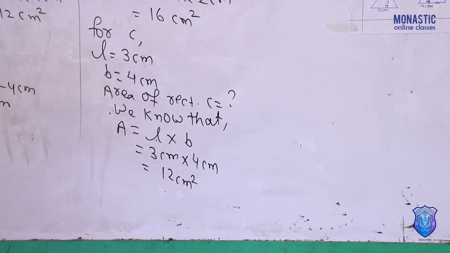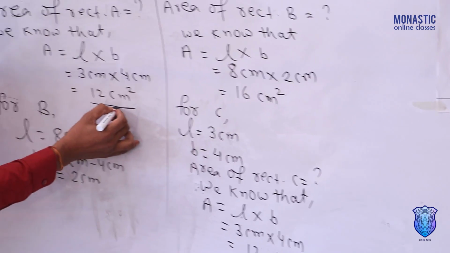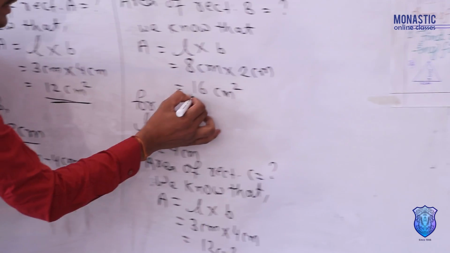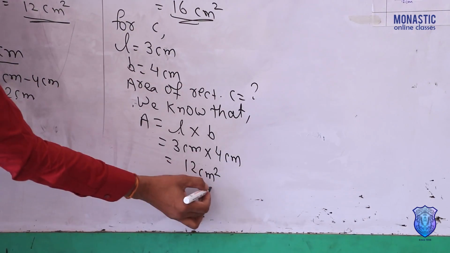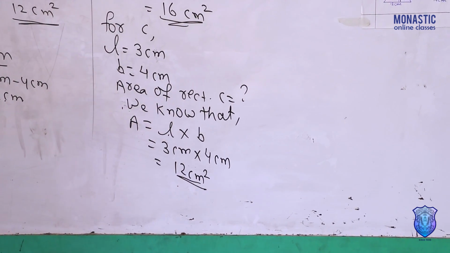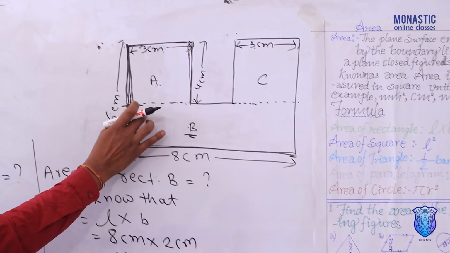So now we have got the area of rectangle A as 12 square cm, area of rectangle B as 16 square cm, and area of rectangle C as 12 square cm. So now we are going to find the area of the whole figure.